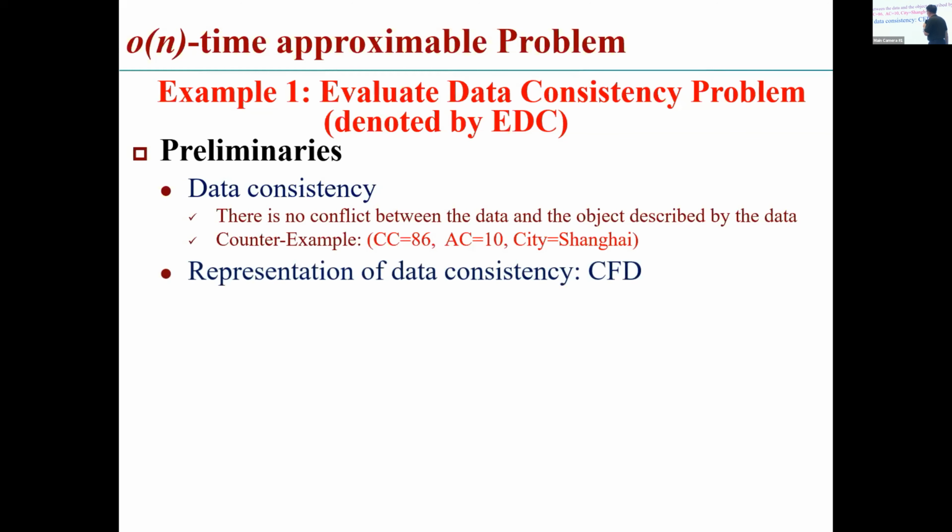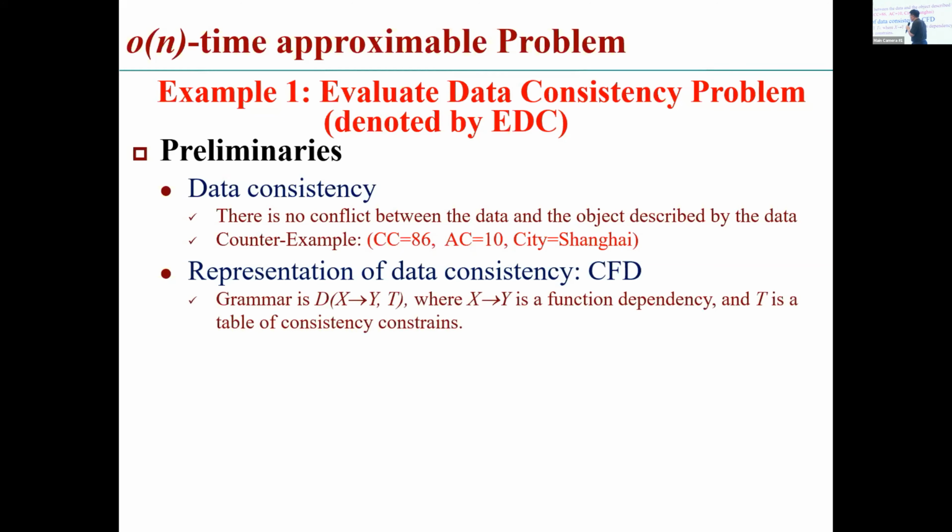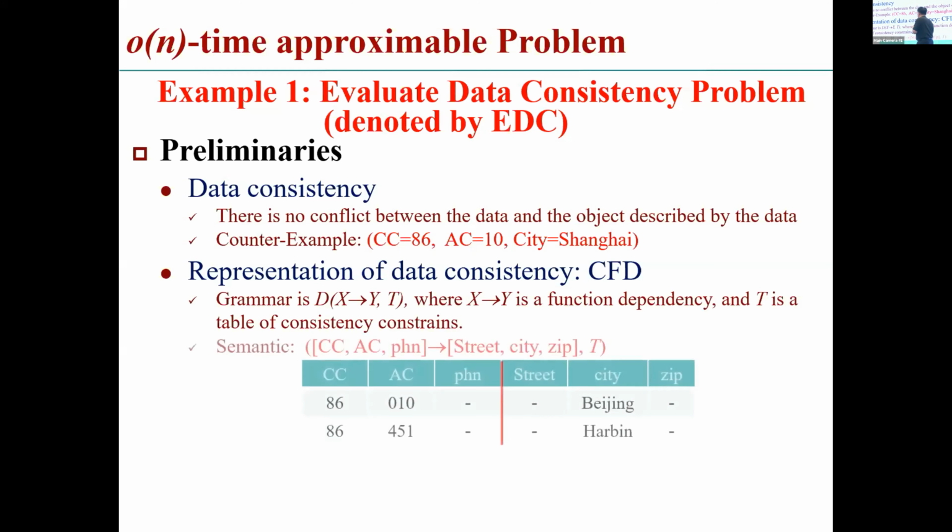Okay, how to represent data consistency? We use conditional functional dependencies. The grammar is (X, Y, T). The X to Y is a functional dependency, and T is a table of consistency constraints. We use an example to show the semantics. This is a CFD.